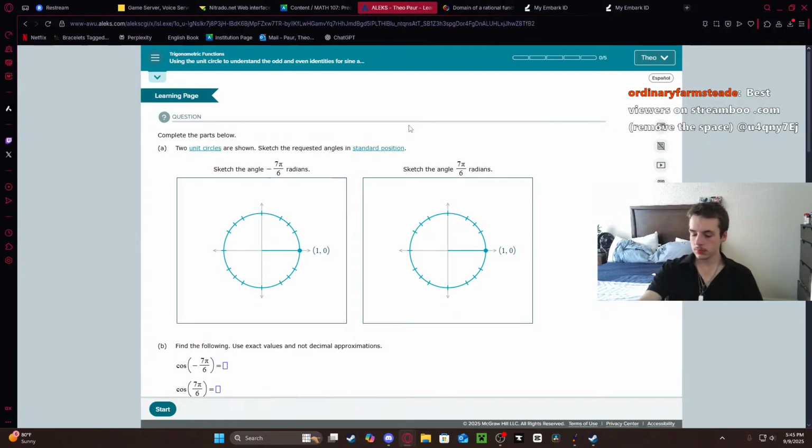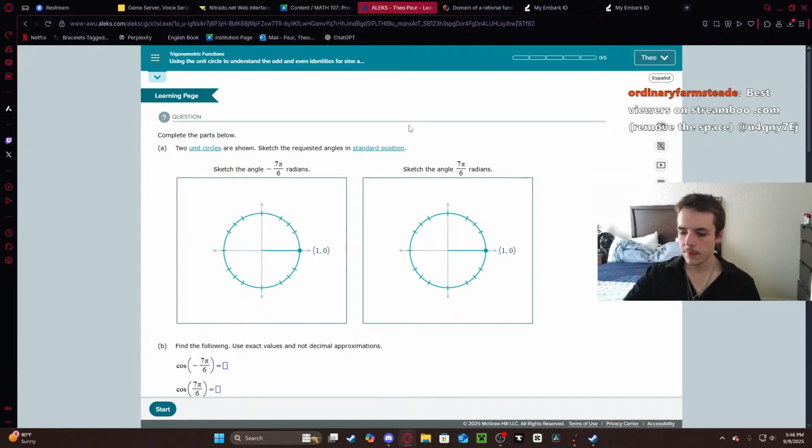Okay. Time to open back up the notebook. Okay, so using the unit circle to understand the odd and even identities for sine, that will take us to page 63. I'll flip to page 63 in the notebook.